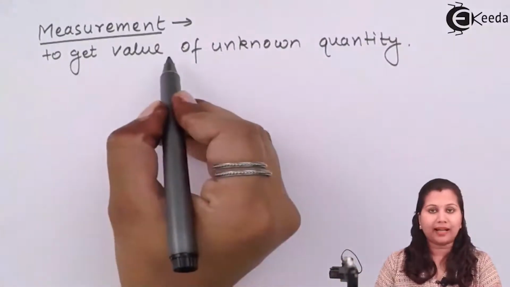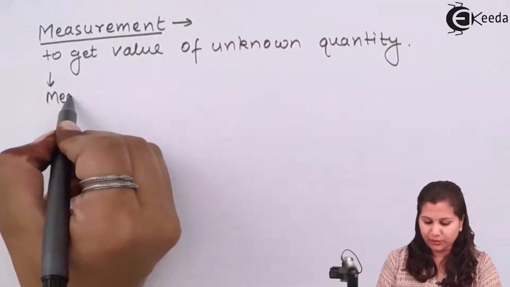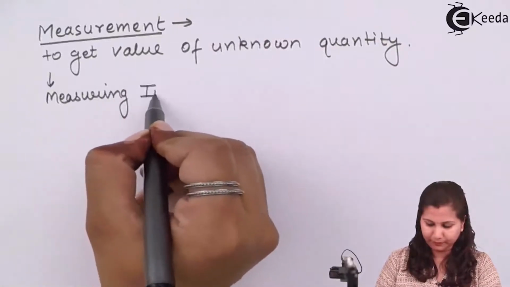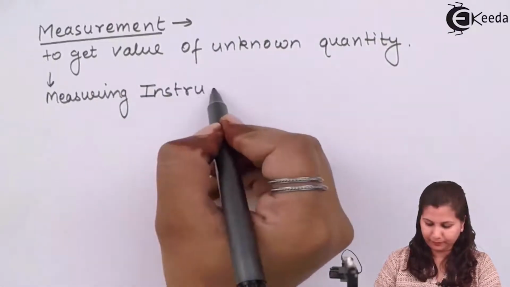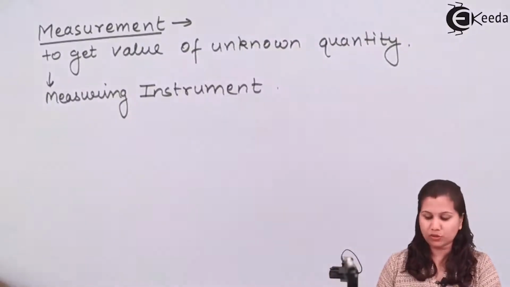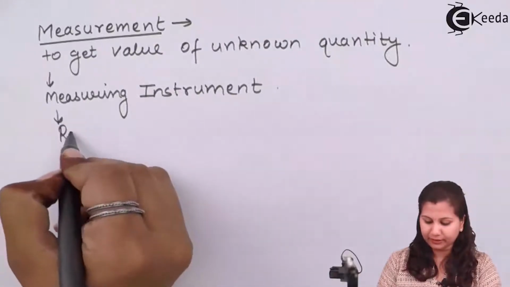Now, to get this value of the unknown quantity, we use the measuring instrument. And this measuring instrument gives us a value or a reading.